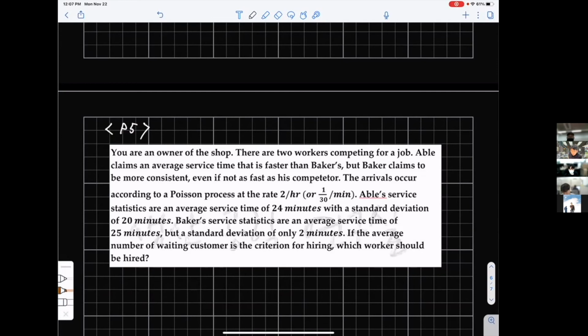In this shop, the arrival rate is 2 per hour and follows the Poisson distribution. And the statistics of Abel's are an average service time of 24 minutes with a standard deviation, and so on.